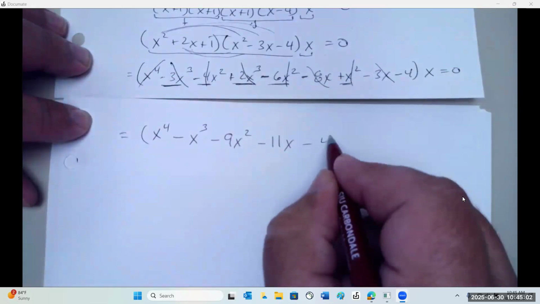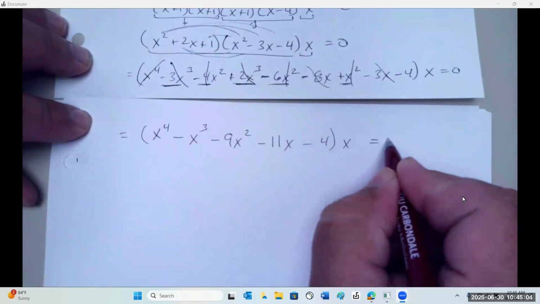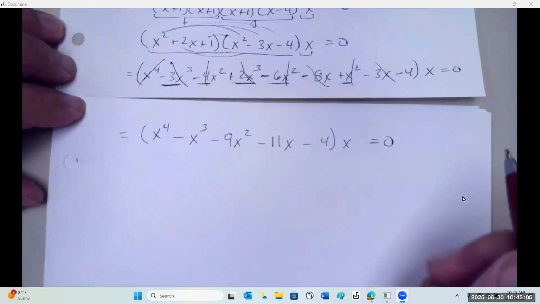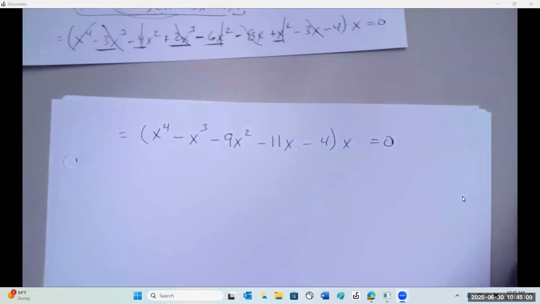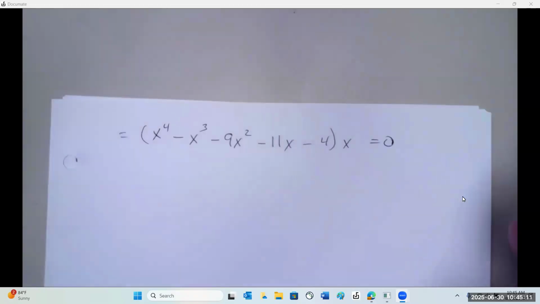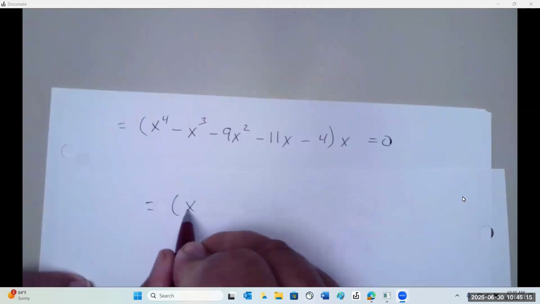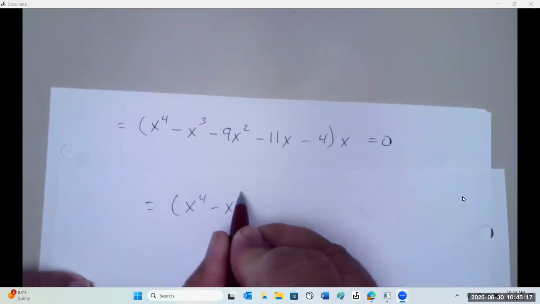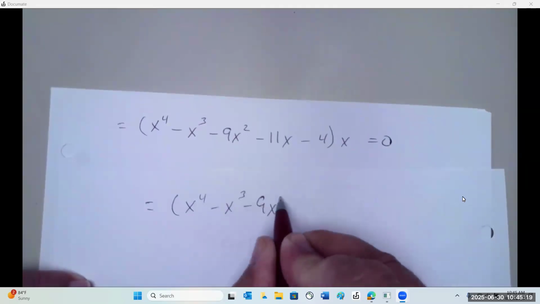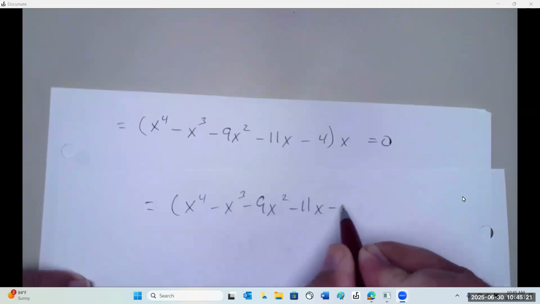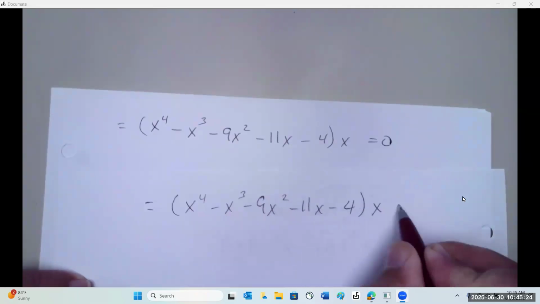And then negative 4. Again, combining like terms. So that's what I have here: x to the 4th minus x cubed minus 9x squared minus 11x minus 4. And there's the x at the end.